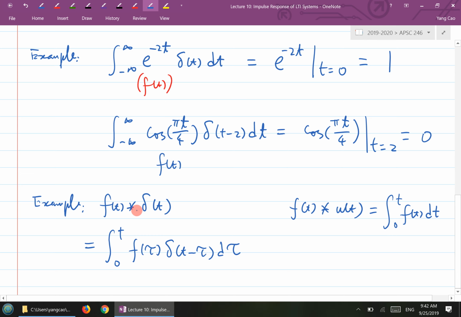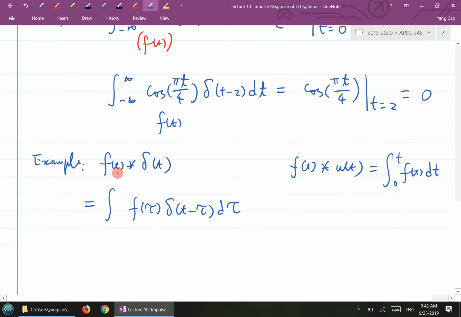So in this case, if I don't say this f of t is a causal signal, it could be non-causal. The integral limits will become just negative infinity to positive infinity.